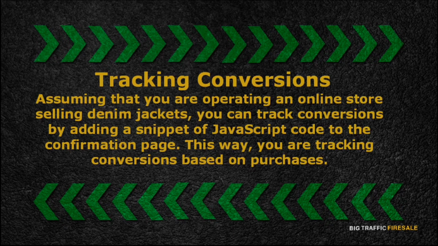Let's say you make $40 on each denim jacket you sell. With the aid of conversion tracking, you can identify how much you spend on advertising your goods. In this context, let's say that you spend about $10 for each purchase your ad generates. As a result, your return on investment, ROI, is $30. This shows that your business is generating a positive value as you are gaining more than what you have spent.